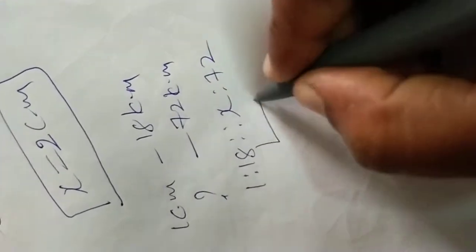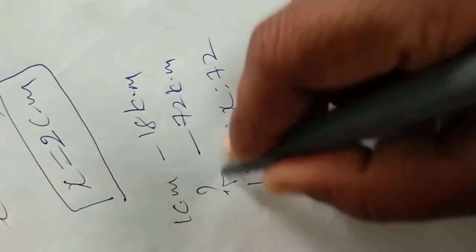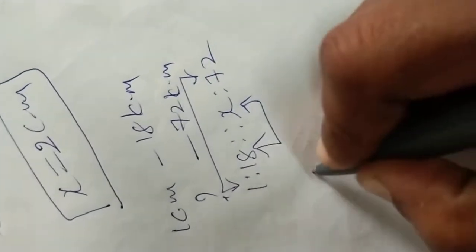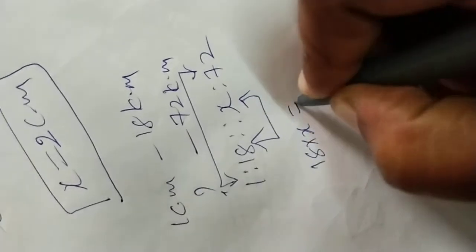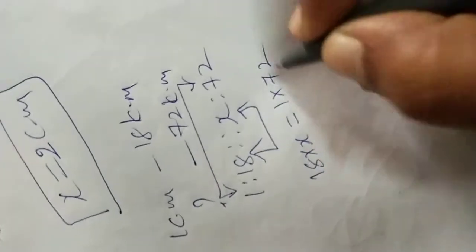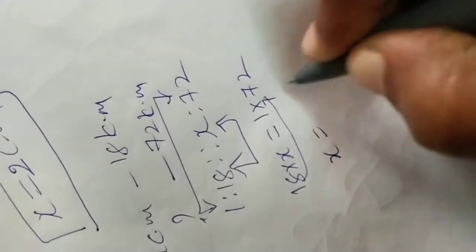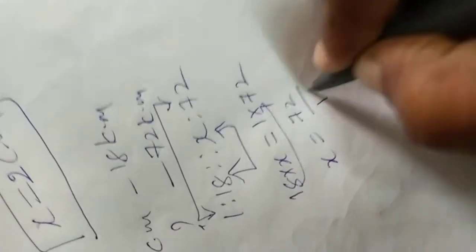Okay, the product of means is equal to the product of extremes by the rule of proportion. Now x is equal to, take the transpose of multiplication to division.